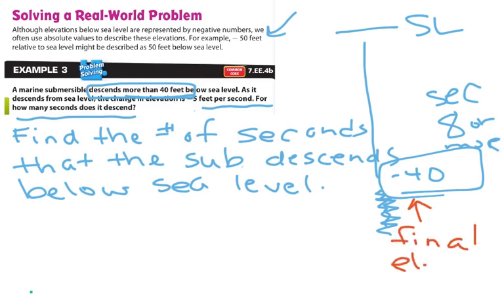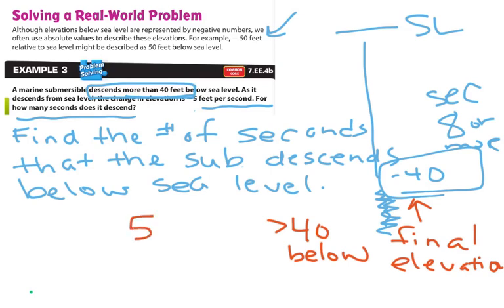Okay? And our other important part is that the final elevation is going to be greater than 40, or our final elevation, if we would write that out, it would be the number of seconds. We find 5 feet per second, so we don't know how many seconds it is.